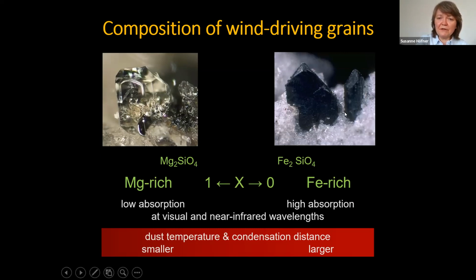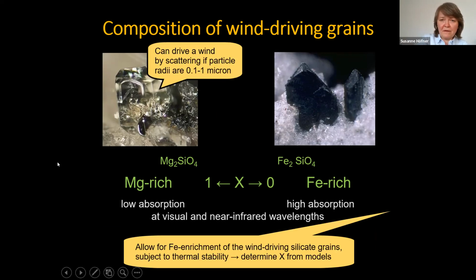If you're on the iron-rich side, or even include a little bit of iron, then you get very high absorption in the near infrared and visual, where you have a lot of stellar light. So transparent grains are relatively cool compared to those that absorb a lot of light, and these can form a lot closer to the star than anything that contains even a little bit of iron.